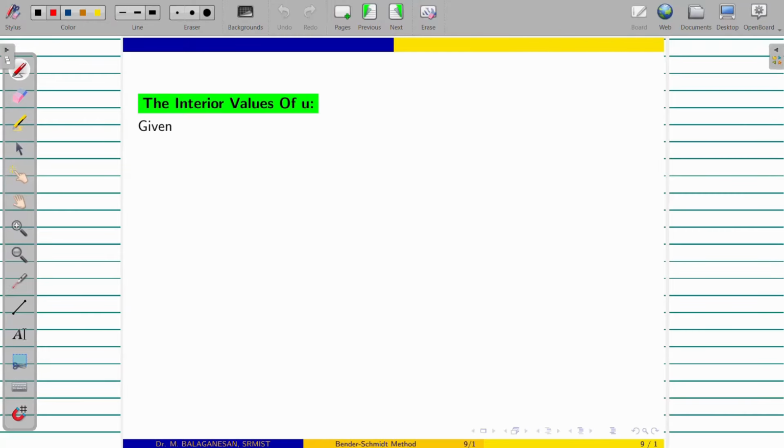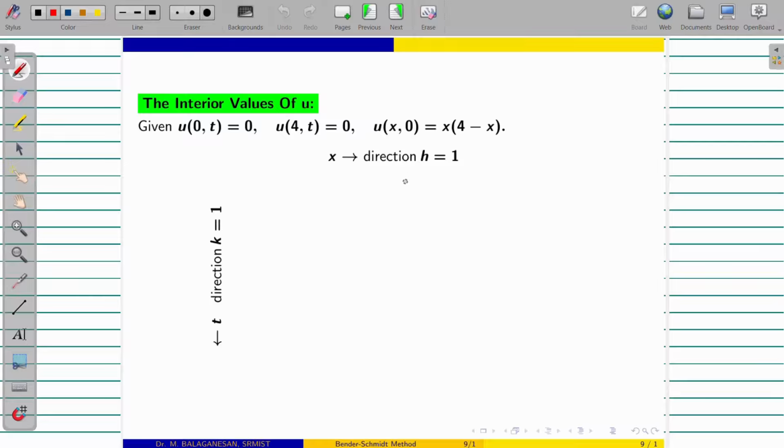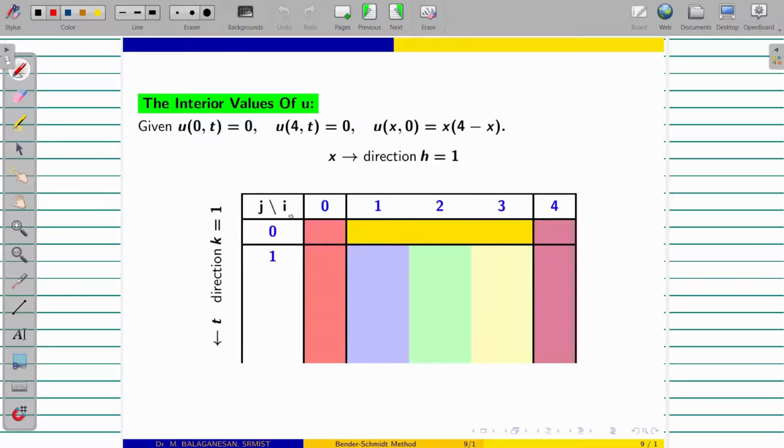We have to find the table values, with the boundary conditions, these two, and the initial condition, this one only. I'm going to draw the lines. This is the x direction, and this one is the t direction.